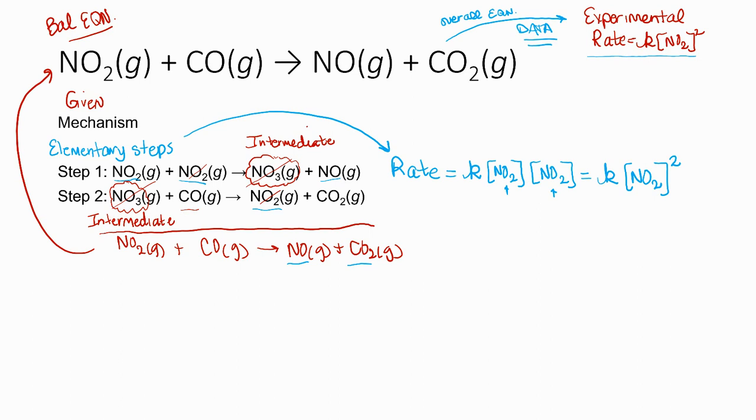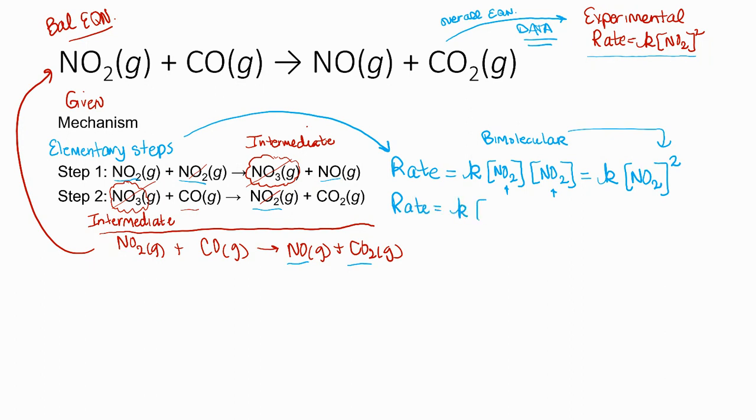Now, a couple of comments on this. There's some other terms. This elementary step is said to be bimolecular. We'll come back to those terms in a second. There's a chart that highlights it, but I'll just write it here. This just means 2 molecules are colliding. Bimolecular is always second order overall. Okay, let's look at the second one.